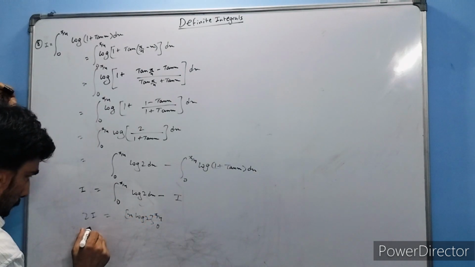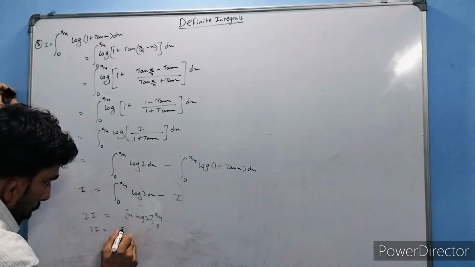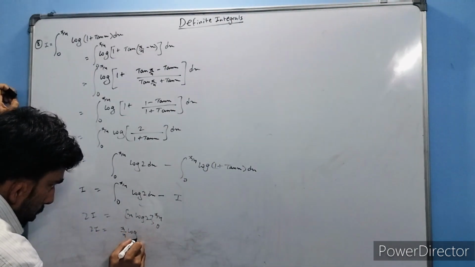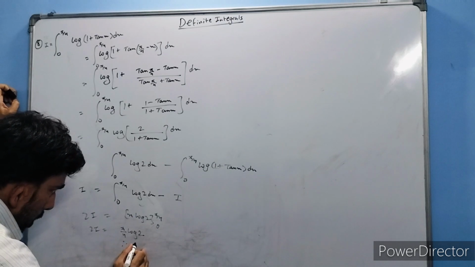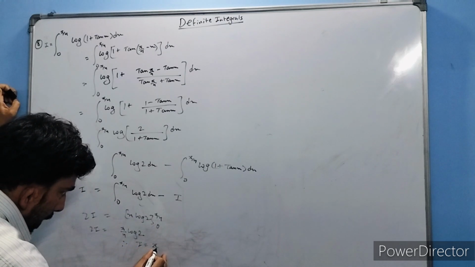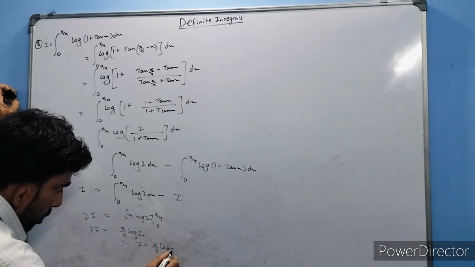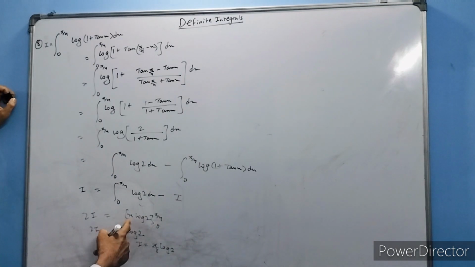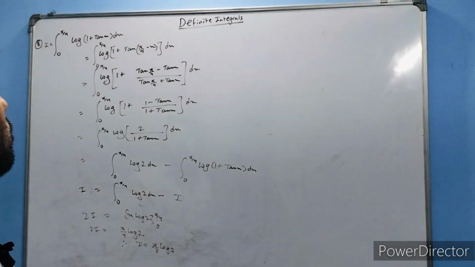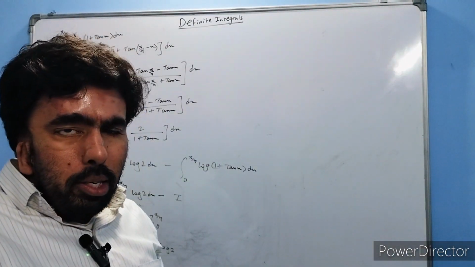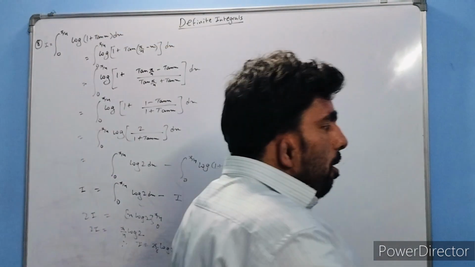So if I put the limit here, 2I is equal to pi by 4 log 2. So therefore I is equal to pi by 8 log 2. Because if I put 0 here, 0 into log 2, it will be 0. So that is how we are able to evaluate definite integral using the properties.